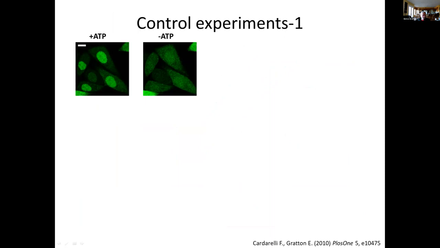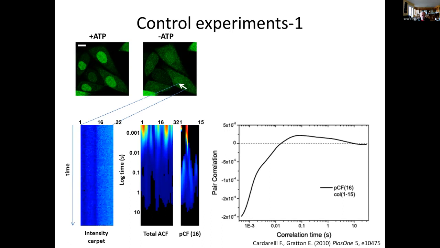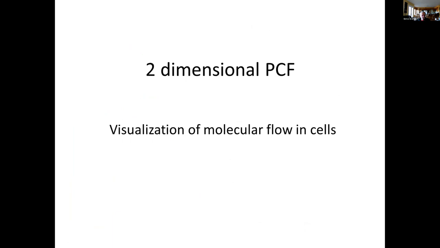So if we deplete ATP, compared to a condition in which we have a lot of transport, with a lot of proteins found in the nucleus, in a condition with very little ATP, very few of the molecules pass through. This is very important as a control, and it gives us information about the transport.